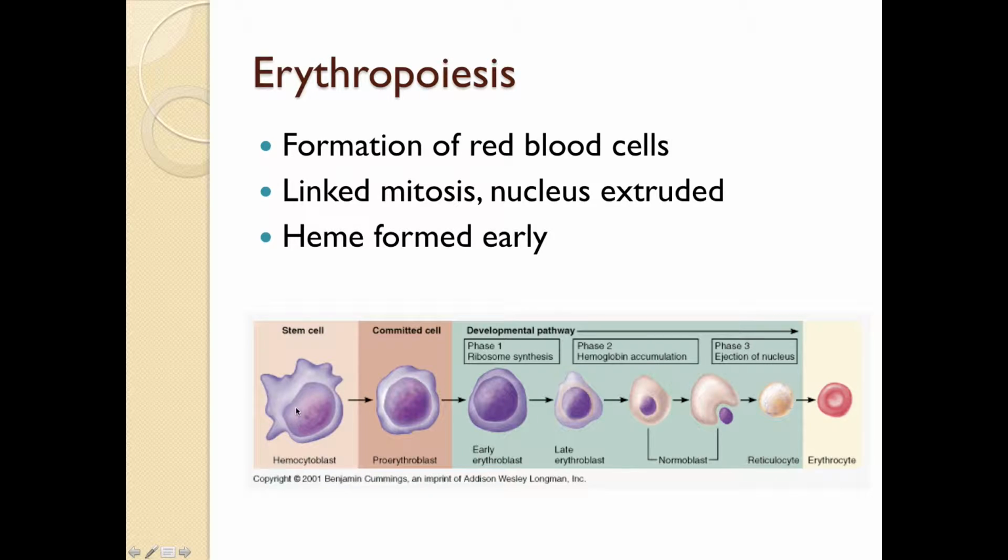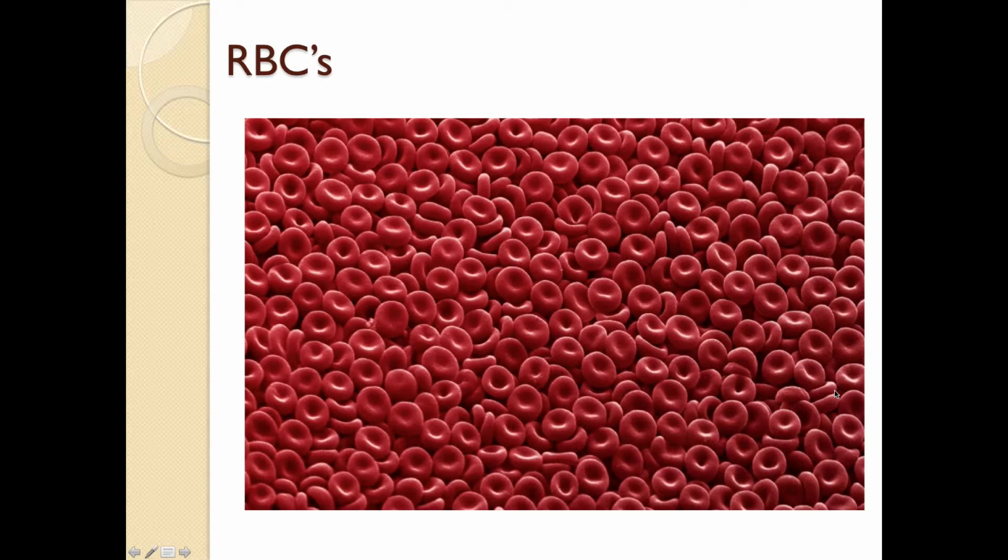So again, this is starting with the stem cell, and then it goes through these various processes to become this mature formed element. It starts to get some hemoglobin, and then it spits out its nucleus, and now it's mature. And red blood cells, as we saw, they're the most prevalent mature formed element. They look like little Paula's donuts waiting to be filled with delicious cream filling.